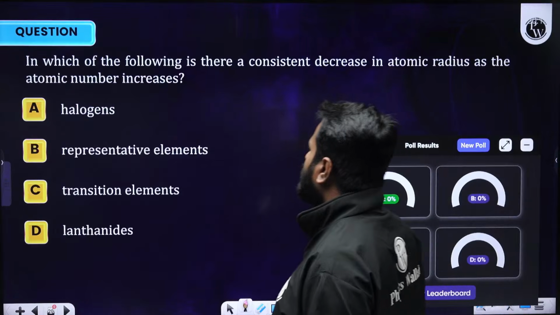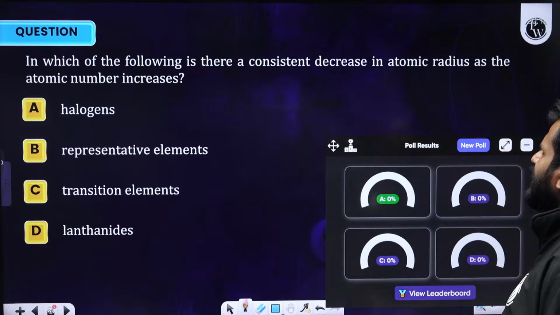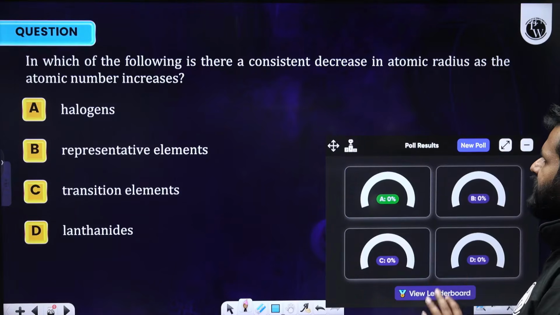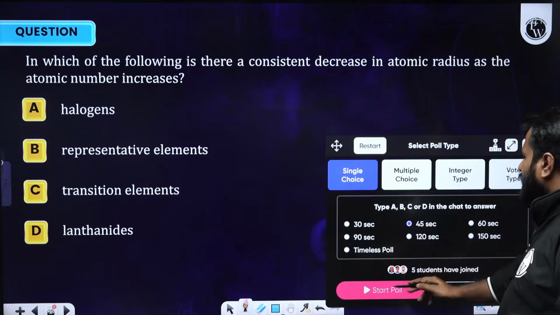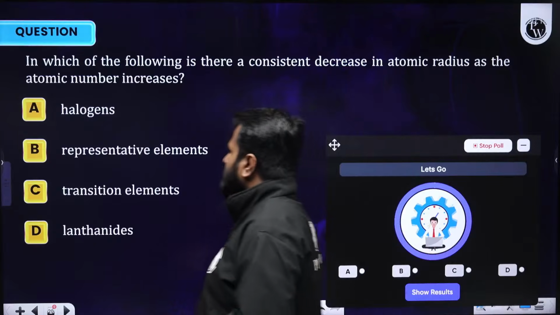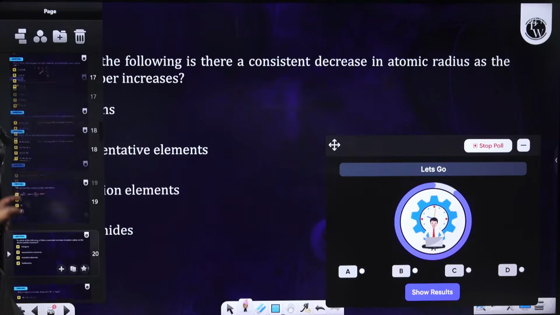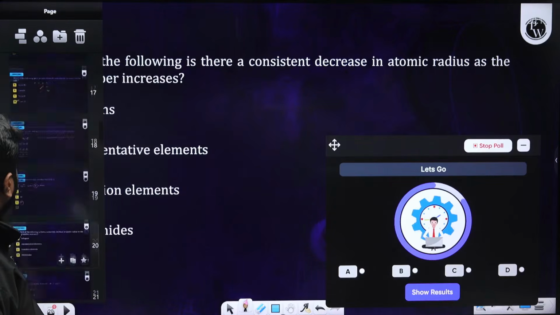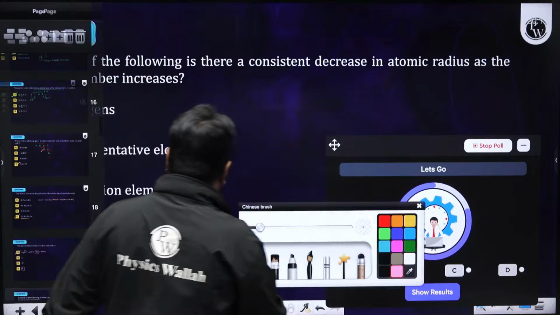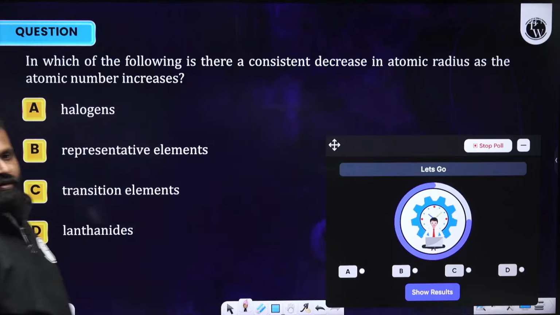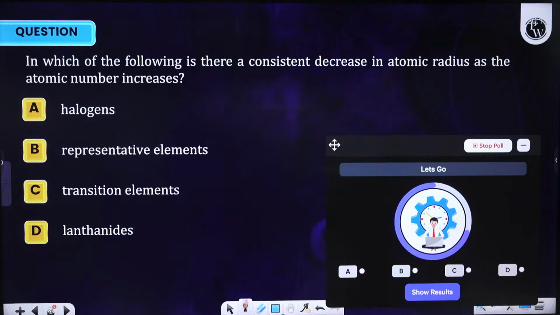Next. In which of the following is there a consistent decrease in atomic radius as atomic number increases?